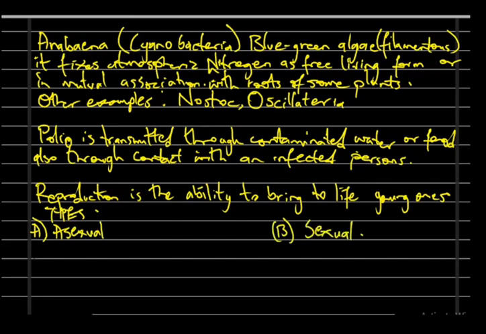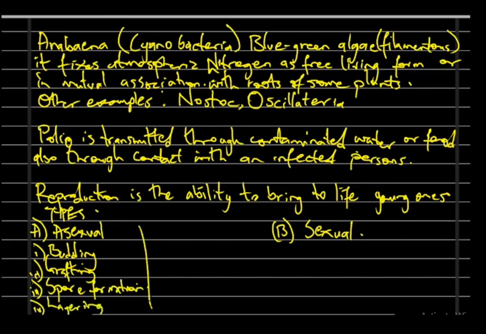For asexual, we have so many examples. I'll just list a few of them. We have budding, grafting, spore formation, layering, vegetative propagation, etc. Under sexual, we have just two.